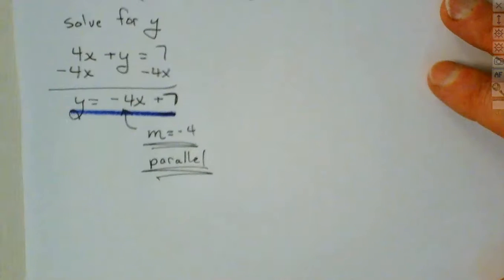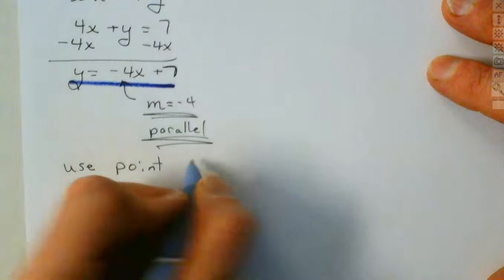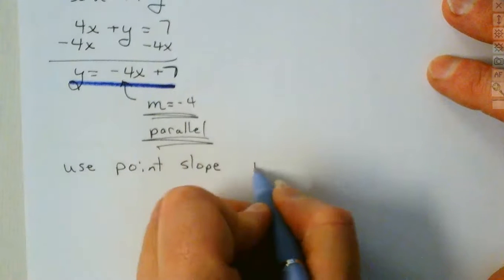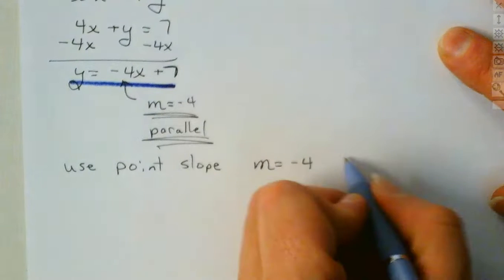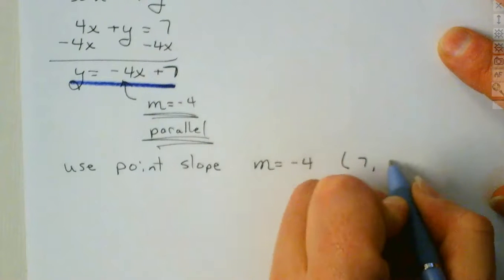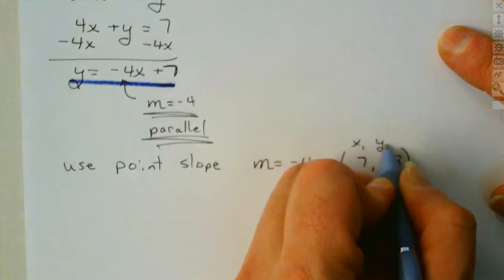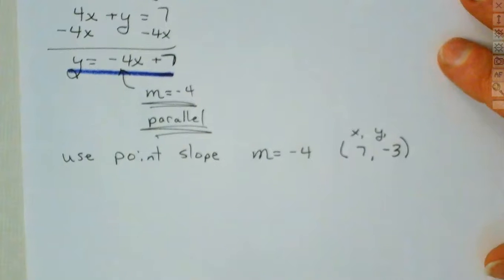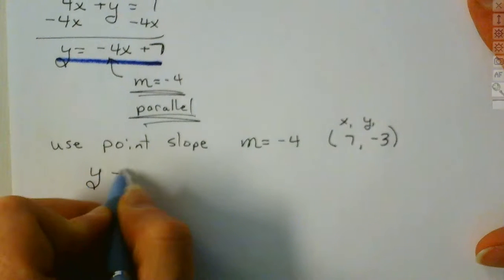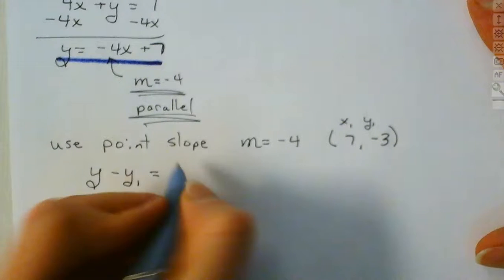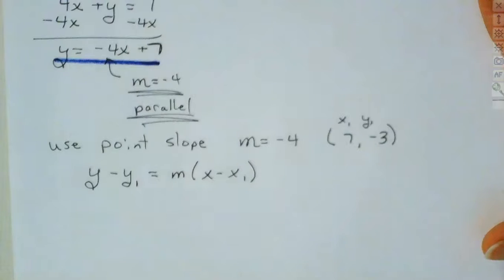So now we can move on, and now we can use the point-slope formula. We've got an m, which is negative 4, and we have that point 7, negative 3. x1 and y1 are there. And let's write up our formula, which is y minus y1 equals m times x minus x1.